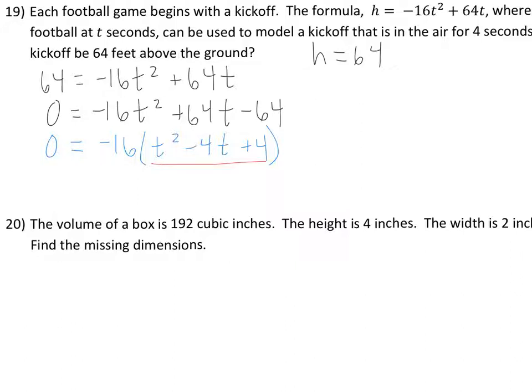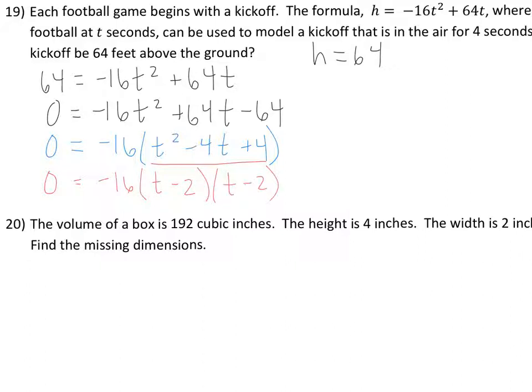And that's actually a perfect square trinomial because the square root of t squared, which is t, times the square root of 4, which is 2, times negative 2 equals negative 4t. We could also use the diamond method and say factors of 4 that when added together give you negative 4, but again that will give us negative 2 and negative 2 for our factors. So negative 16 was a GCF I took out, and that factors into t minus 2 times t minus 2.